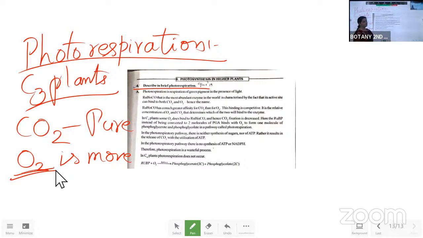This photorespiration is also called as the C2 cycle. Why? Because the first stable compound is a 2-carbon compound. So we will call this photorespiration as a C2 cycle. Okay. So this photorespiration occurs with the same enzyme, that is the Rubisco enzyme.